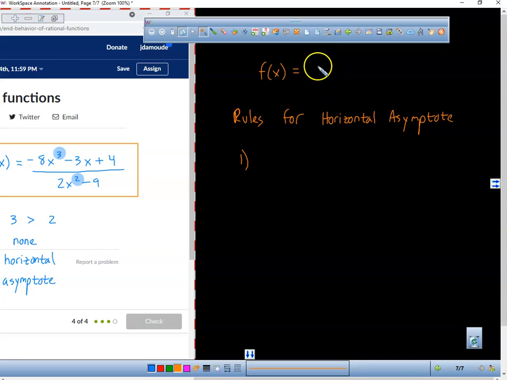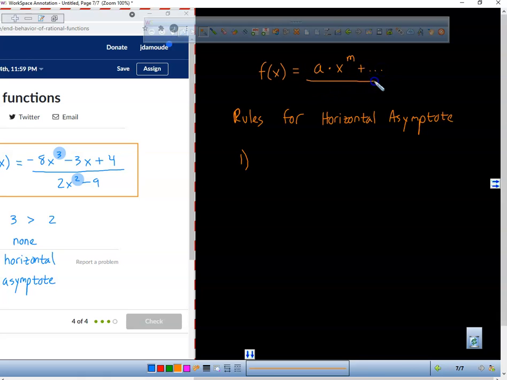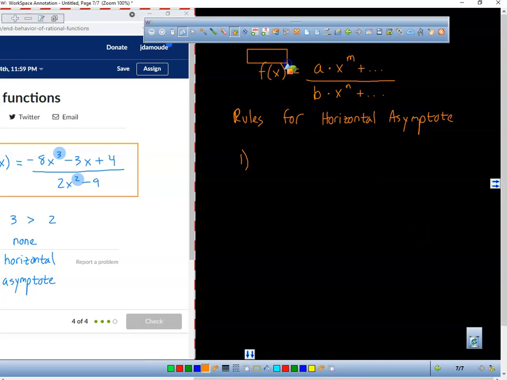All right, so here we go. Put f of x equals a times x to the power of m plus I don't care, over b times x to the power of n plus I don't care. So it doesn't matter how long or ridiculous it is. We're just focusing on the very beginning, the m and the n values.